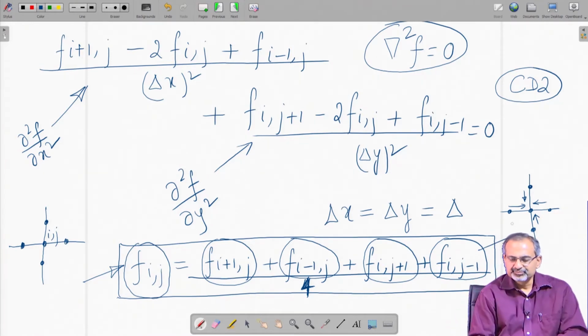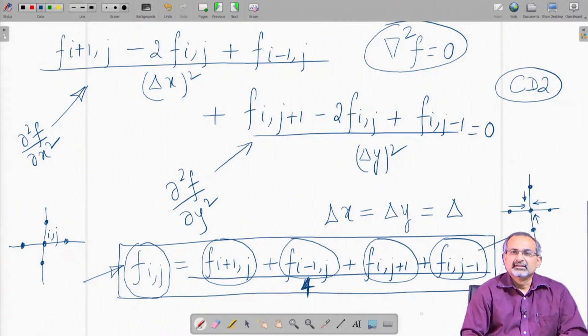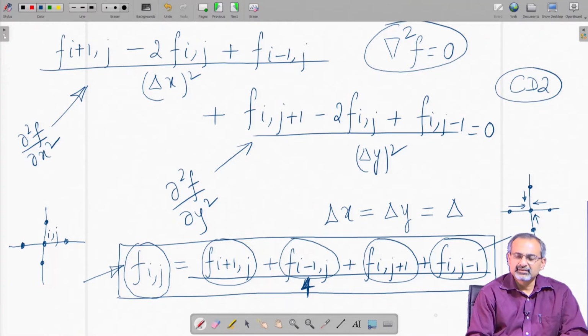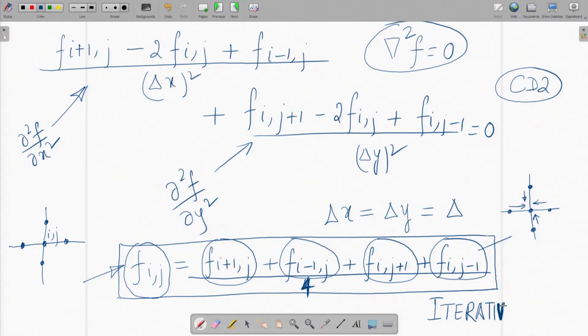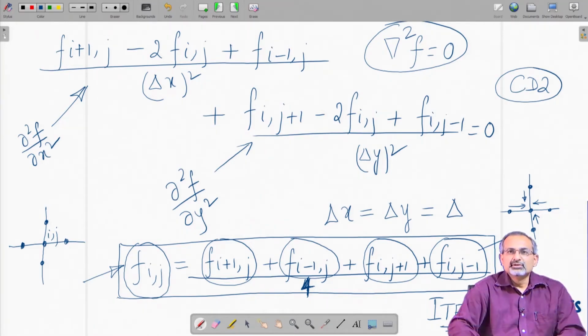Now, this is a very important idea for a class of schemes which we call iterative schemes. What it essentially means is that you do not know straight away what the equilibrium solution would be.